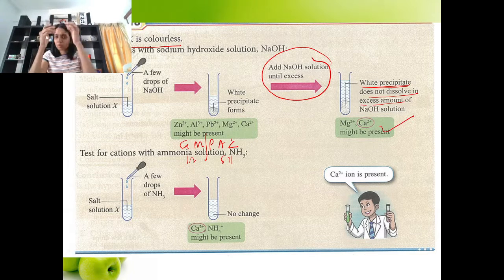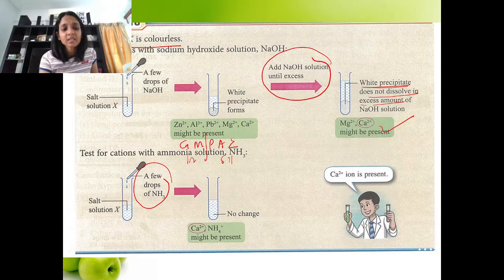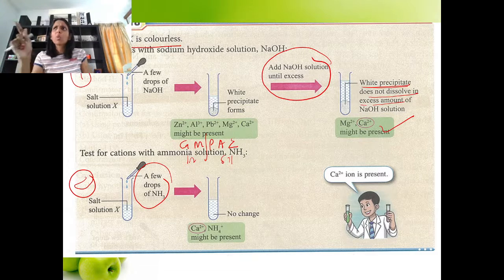Then teacher wants to narrow it down some more, make it even fewer. Then teacher will add ammonia, another test. This is test 1, this is test 2. All these tests are to find out what the last ion there is, exactly what the cation is.